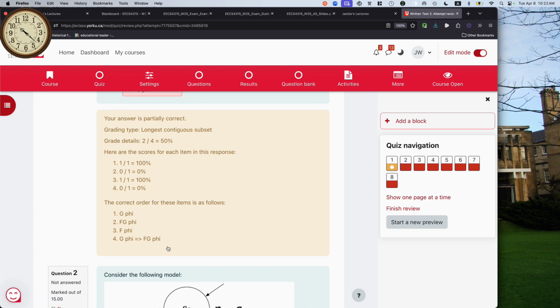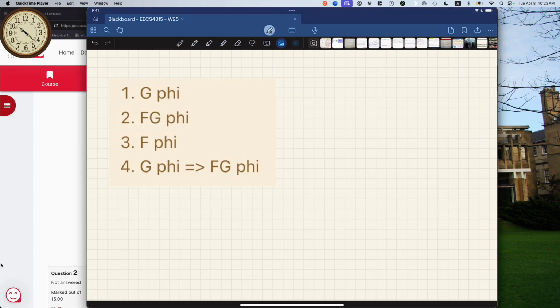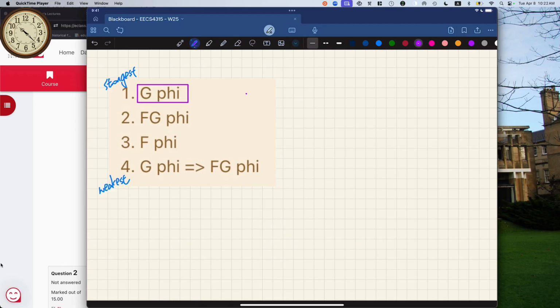Okay, so let's now talk about that one there. So this is the strongest one, and this one here is the weakest one. This one here requires that every state must satisfy phi, right? That's really the strongest one.